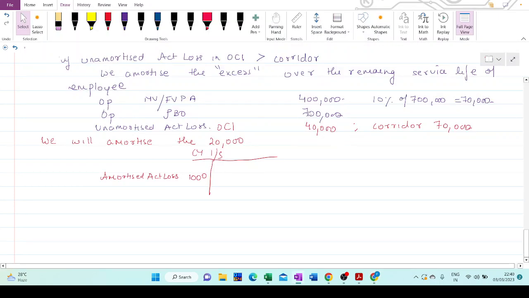It's only when the actuarial loss is greater than the corridor that we amortize the actuarial losses in the income statement. If the unamortized actuarial loss in the OCI is less than the corridor, there is no need for any amortization.